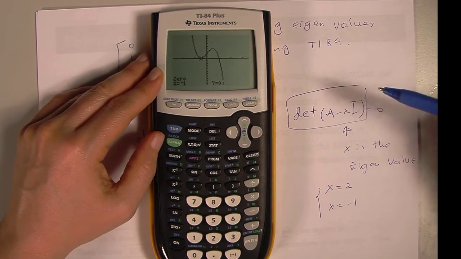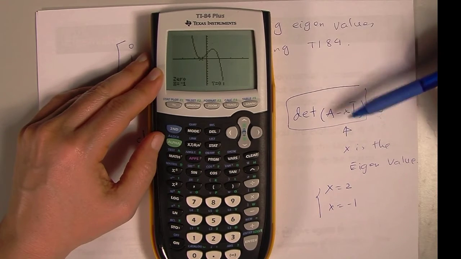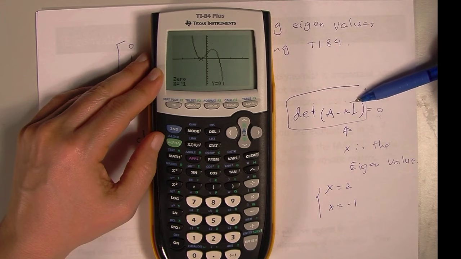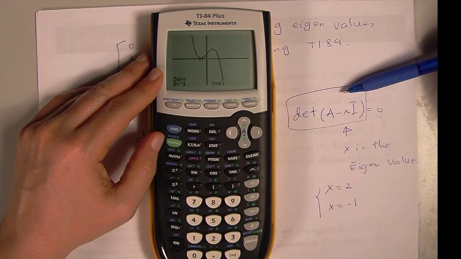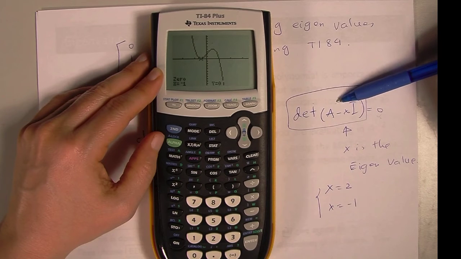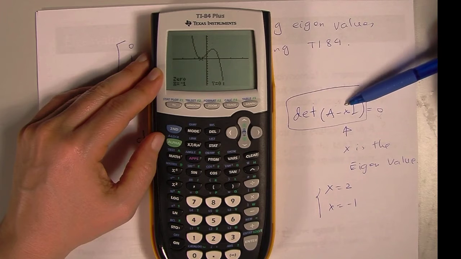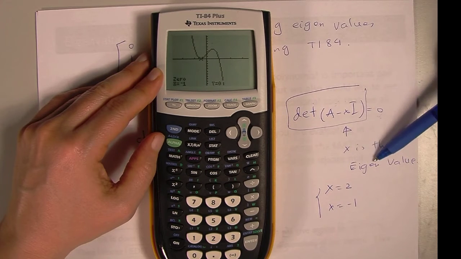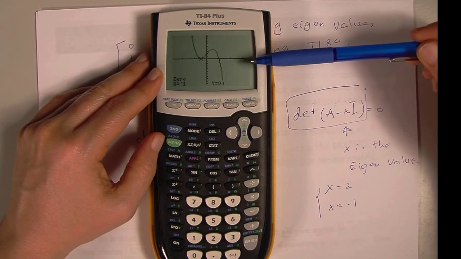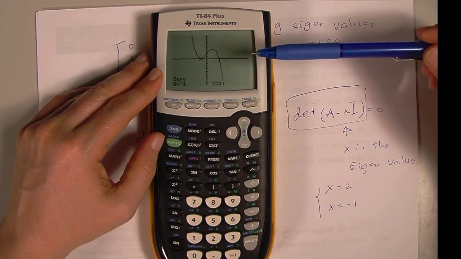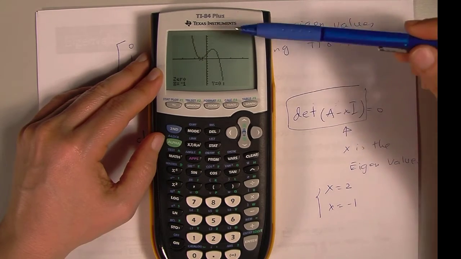So what we entered, determinant of A minus lambda I, is a polynomial of degree 3 in this case, because A is 3 by 3, and the zeros of that polynomial will give me the eigenvalues of the matrix.